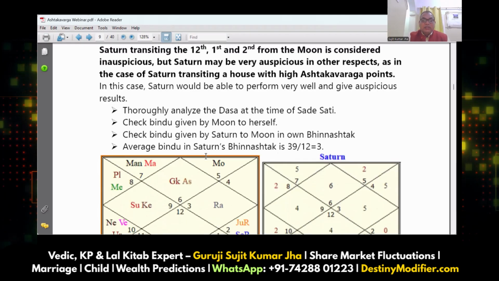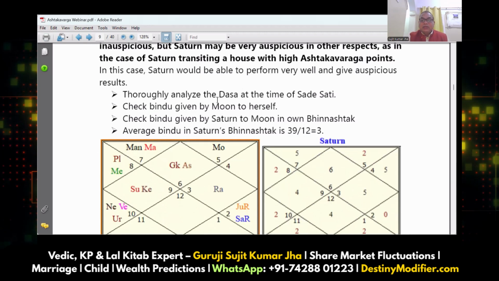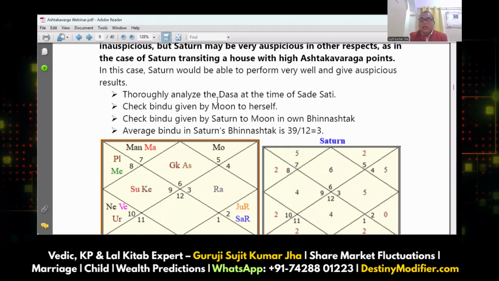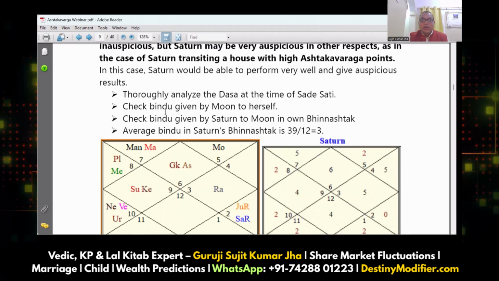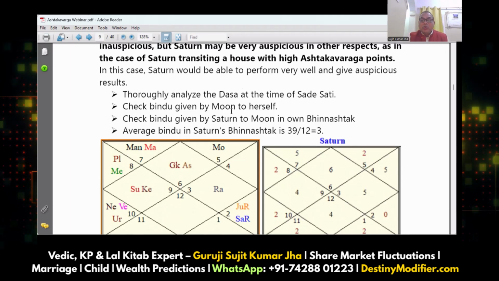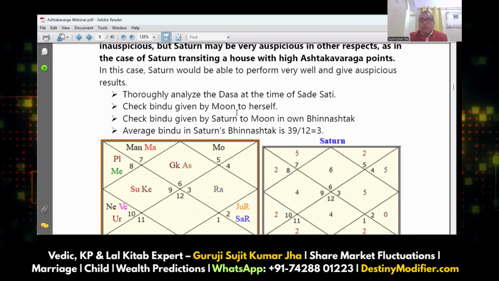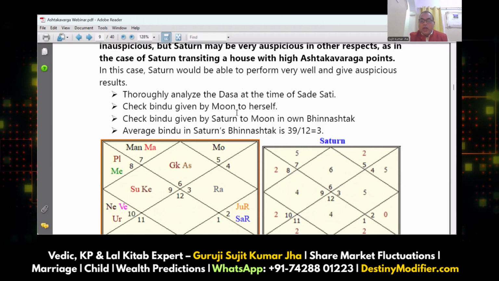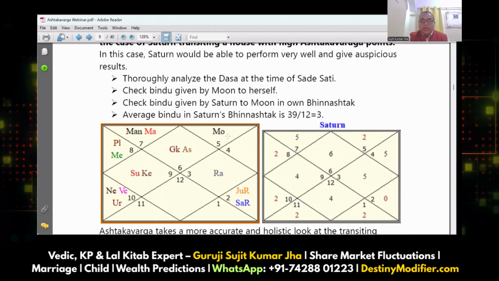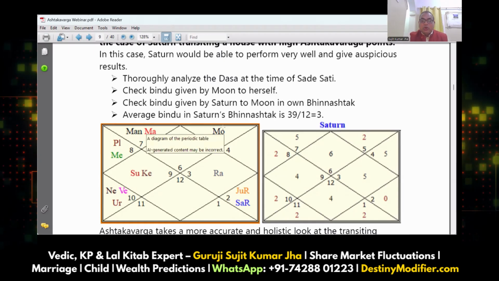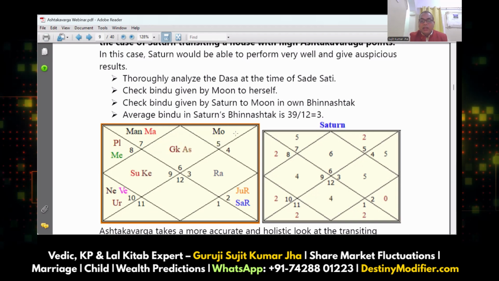So how to check this? First, we have to analyze the dasa at the time of Sade Sati. Second, we have to check the bindu given by the Moon to herself. What does it mean? We have to see the Moon's Bhinnashtakavarga where the Moon is placed. Suppose the left side is the birth chart. The Moon is placed in Leo sign. So in the Moon's Bhinnashtakavarga, we have to see the Leo sign. How many points are there?